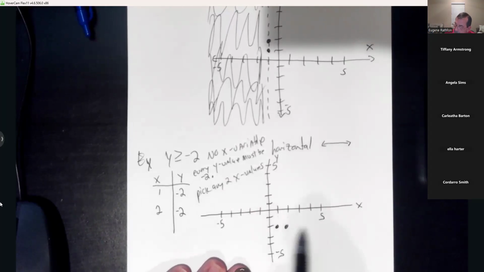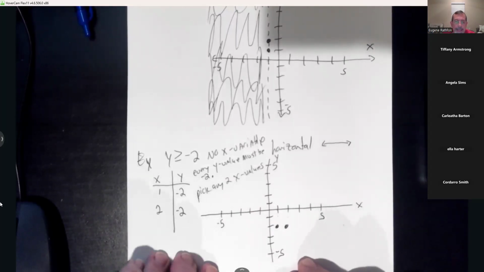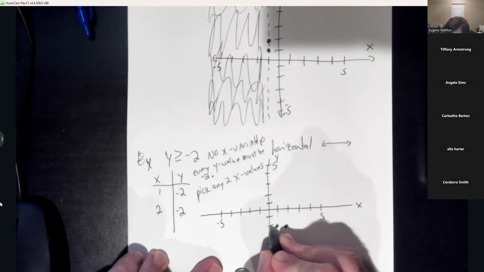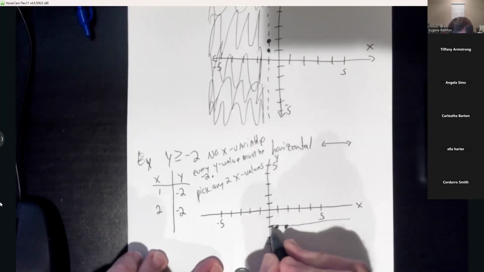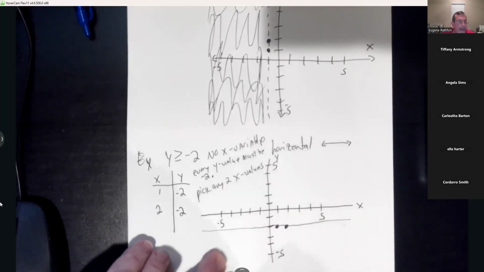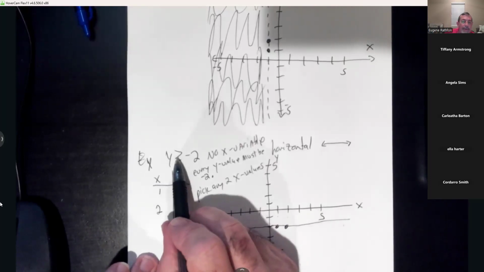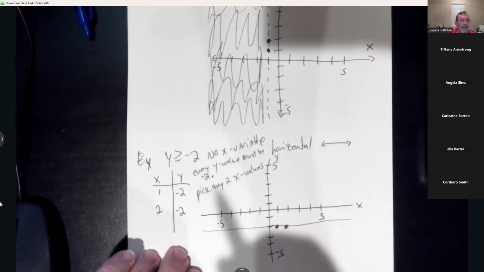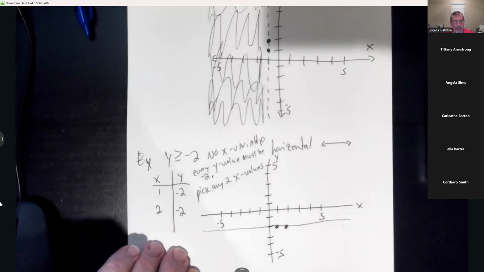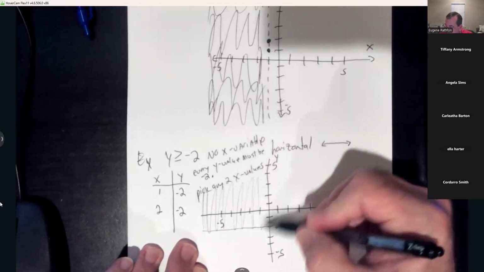As long as this y value is -2, it's kicking it straight across here. Y'all said it was a solid line while ago. And then y'all said the shade above. So remember, greater than shades above, less than will shade below, okay? So that's greater than, so we come in here and shade above that line.